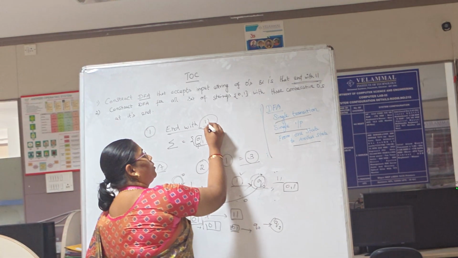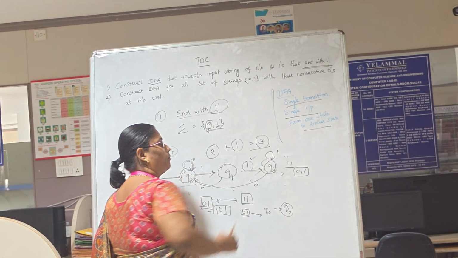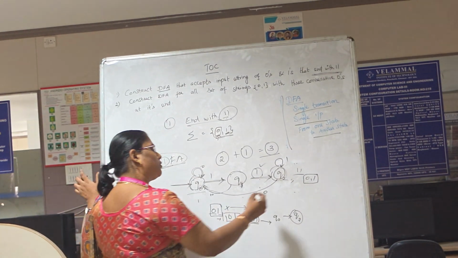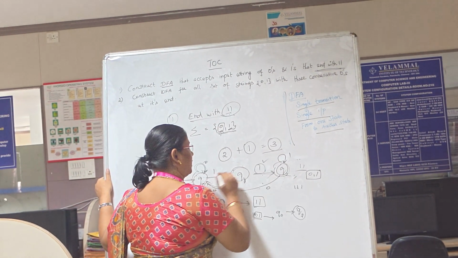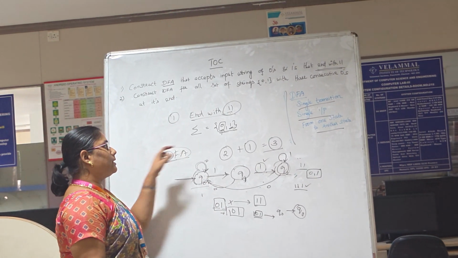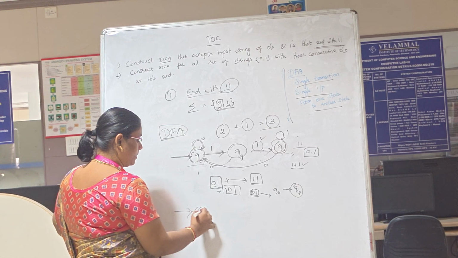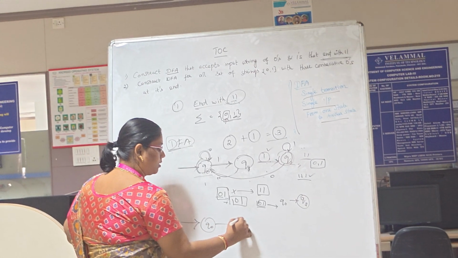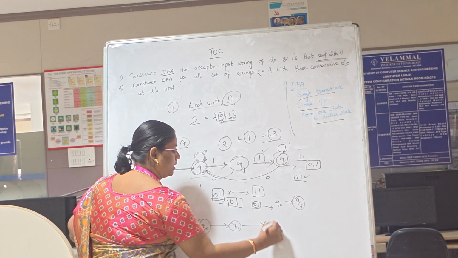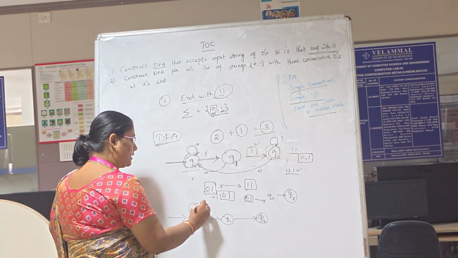Next, input 1. For 1, I can put a self loop because the string ends with 1 1, so any number of 1s can come after the 1 1, and it will still satisfy the condition. So my machine has Q0, Q1, Q2 as states, and for 0 at Q0 it has a self loop.